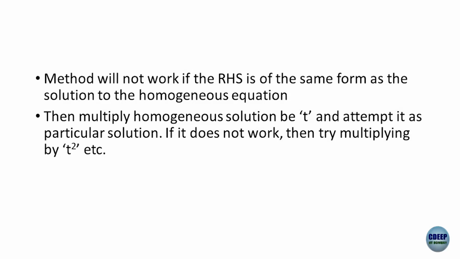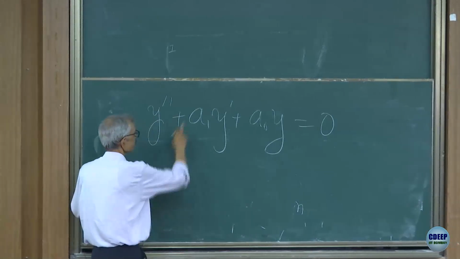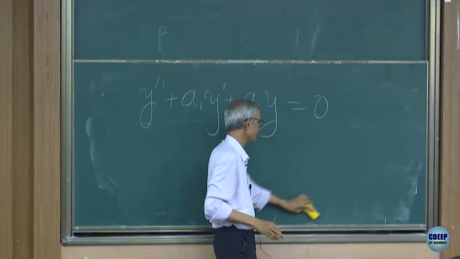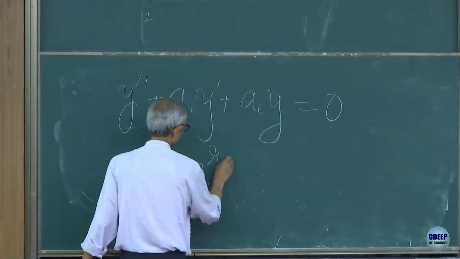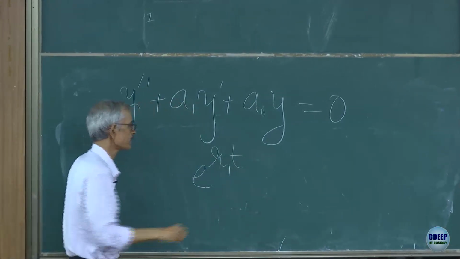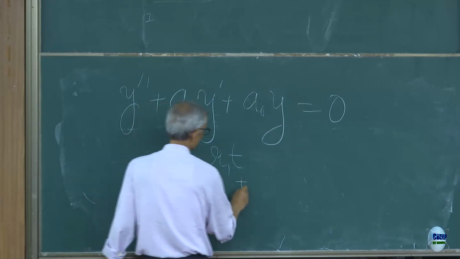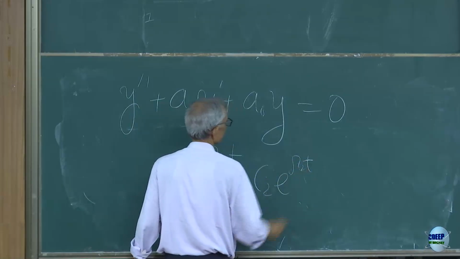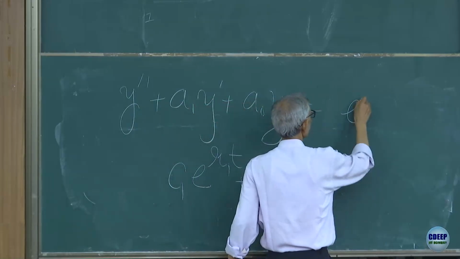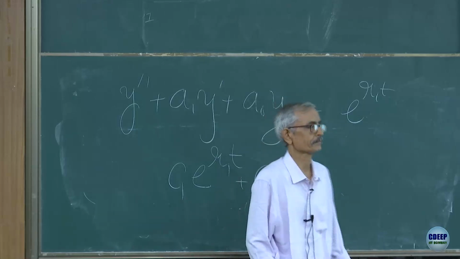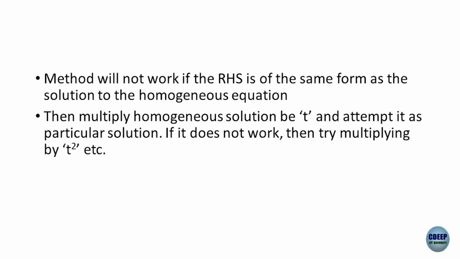So we have seen that if you are talking about y'' + a1 y' + a0 y = right hand side, and the right hand side is 0, if a0 and a1 were given to you and you got c1 e^(r1 t) and c2 e^(r2 t), and the right hand side had e^(r1 t), then you can't just take that because that is anyway going to satisfy it.